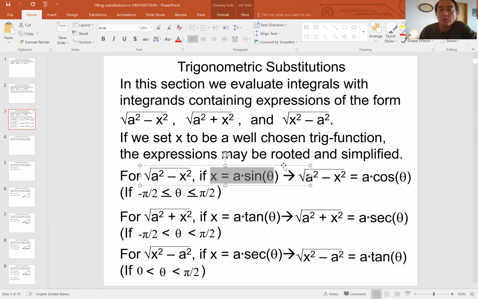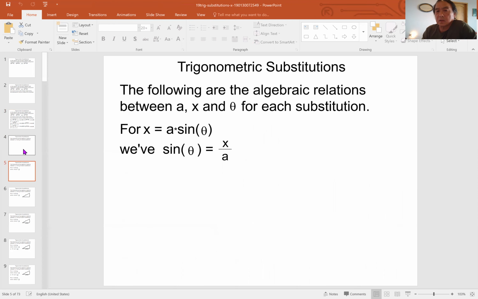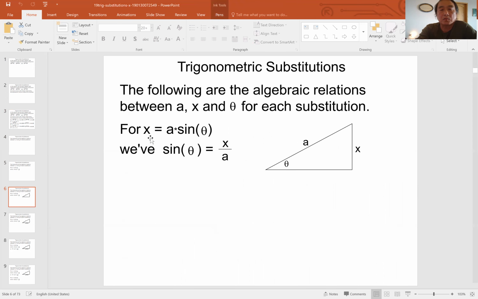And secondly, related to each one of these substitutions I choose, there is a picture that goes along with it, a little chart or reference triangle that tells me the relationship between an angle, the triangle, and the substitution. In particular, if I were to do this substitution x equals a sine theta, then I have sine theta equals x divided by a.